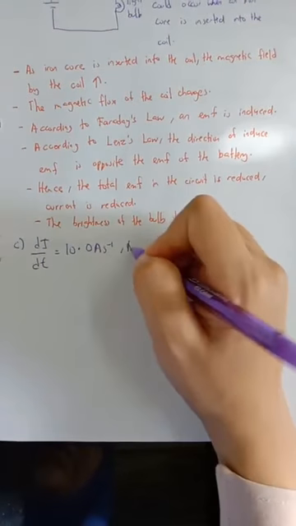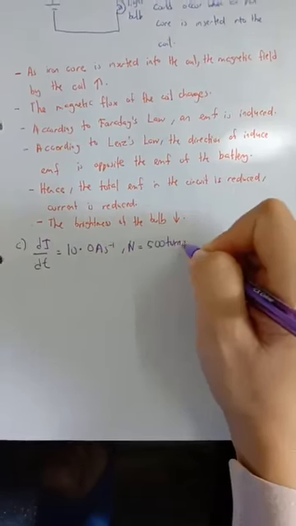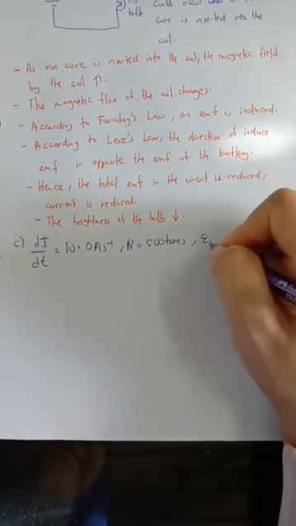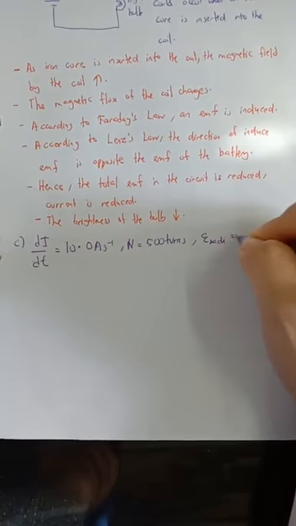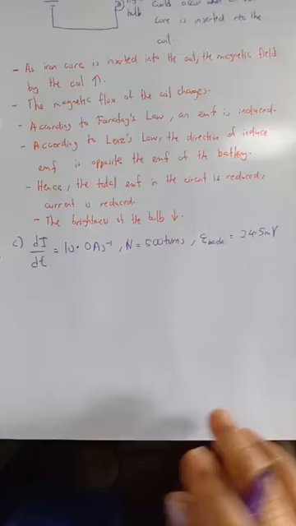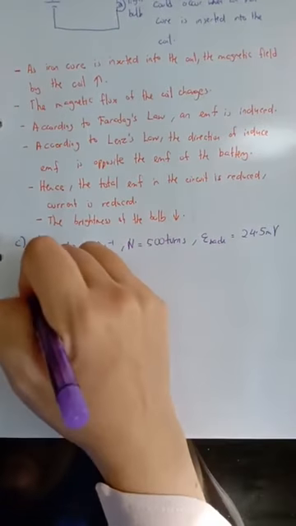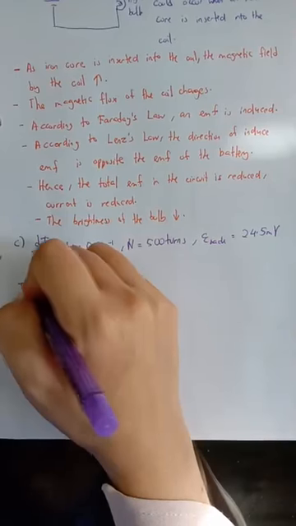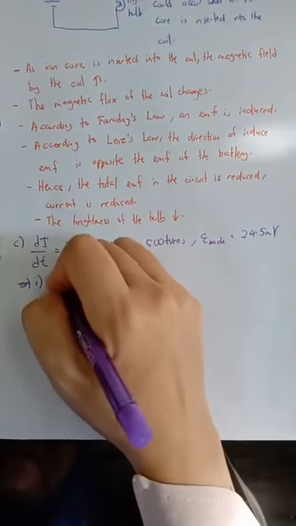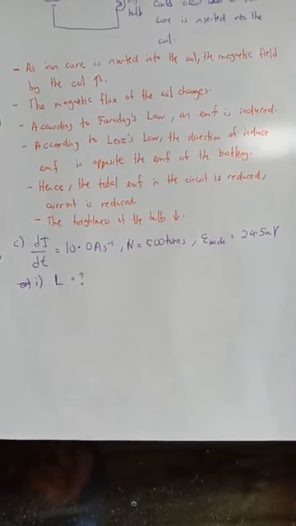The number of turns of coil is 500 turns. The back EMF is 24.5 millivolt. Okay, A or 1. Calculate the self-inductance.